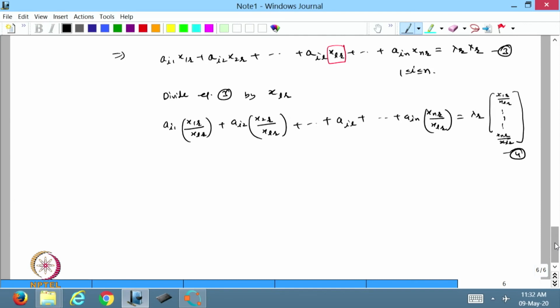Now, this is true for all rows. So, that is I is moving from 1 to n. Now, for any ith row, first I choose the ith row and take the modulus value.